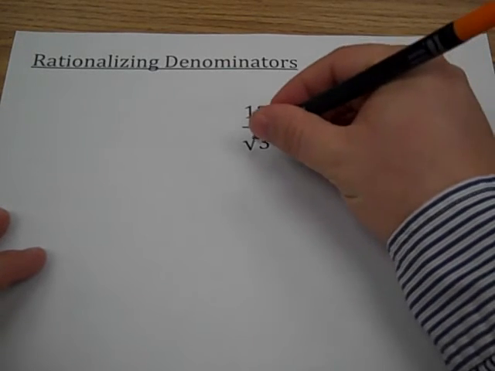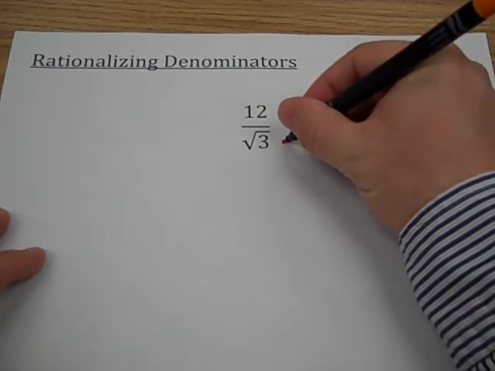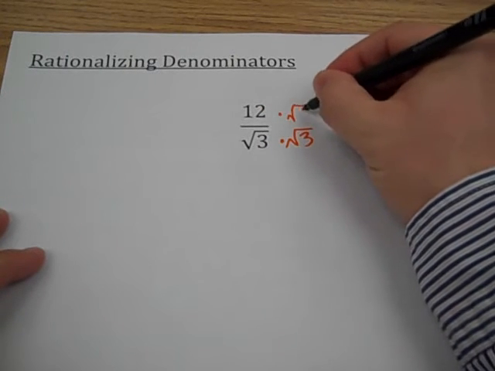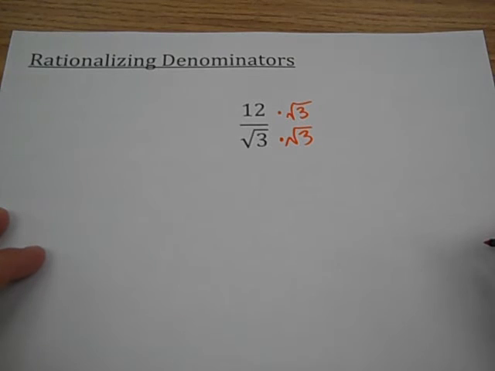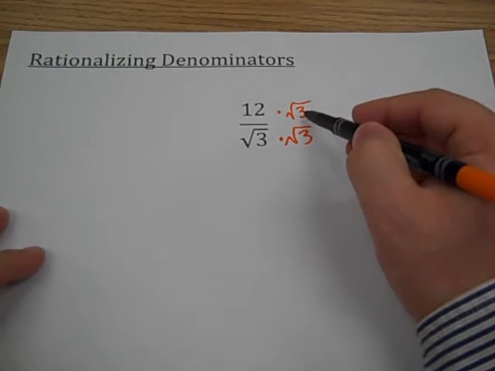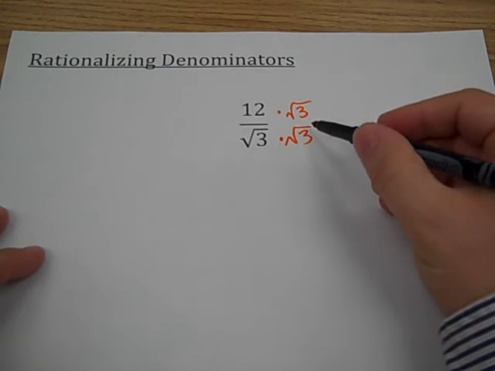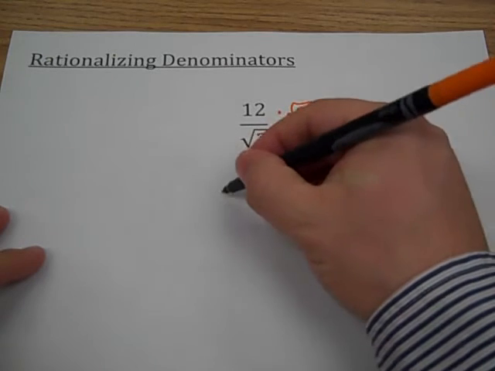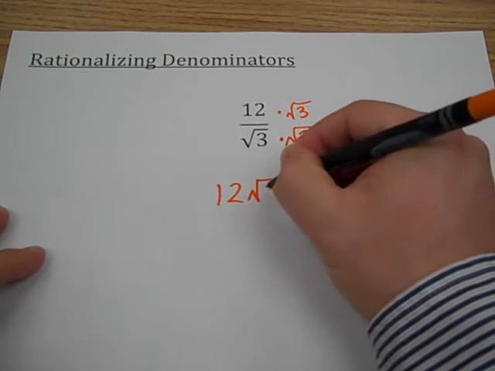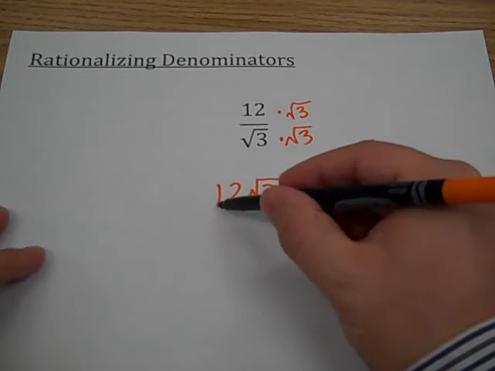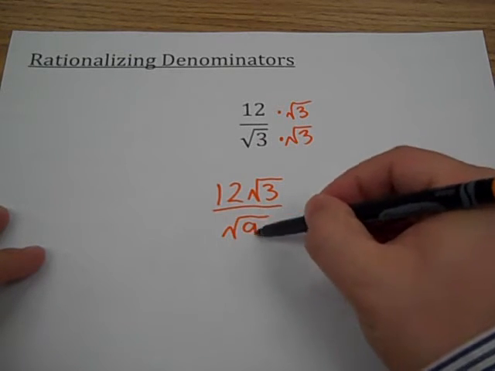So the way I do that is simply by multiplying the bottom of this fraction by this very same square root, and I'll multiply the top of the fraction by the very same square root. So when I multiply 12 times root 3, remember from previous pages here, I can't multiply the 12 and the 3, so I just write them next to each other. That's 12 times root 3. Root 3 times root 3 becomes root 9.